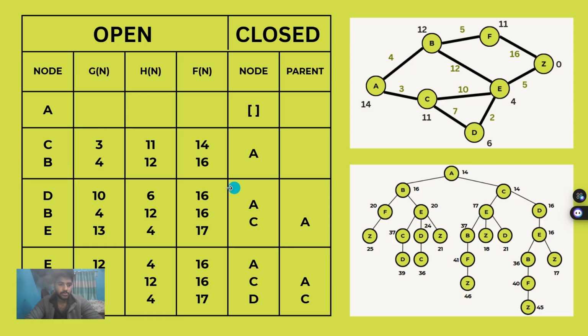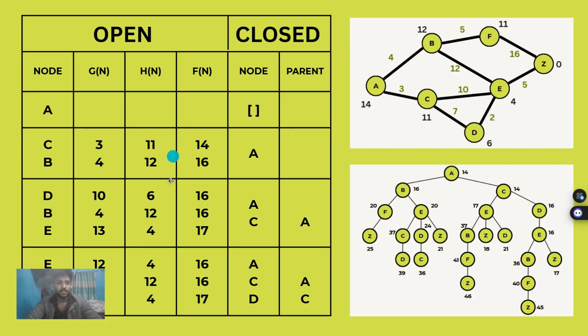I'm going to choose it like D, B, E, which is 16, 16, and 17. I could also choose B, D, and E, but it's my choice. At the end, we'll have our answer anyhow. There is nothing to consider about why there are two 16s. So I have D, B, and E.